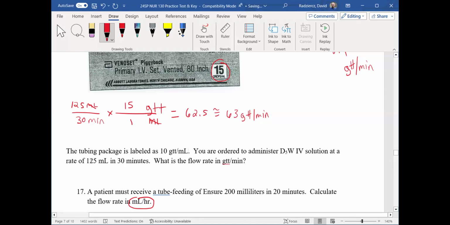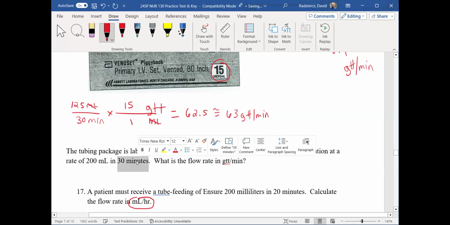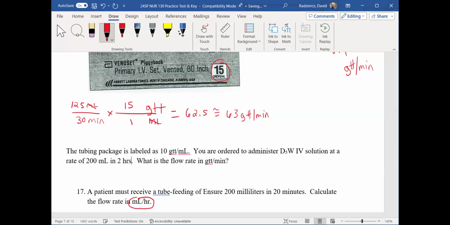You're ordered to administer at a rate of 200 milliliters in 2 hours. All right, so go ahead and try that one. This one might be a little bit more challenging, but I want to see what you get.